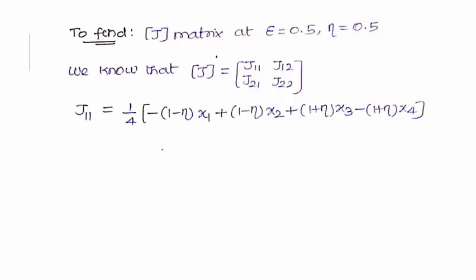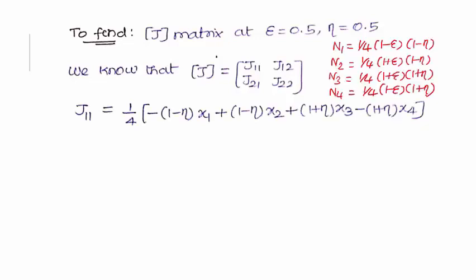The formula for J11: to make the formula easier to read, we can follow it like this. These are the shape functions of an isoparametric element. J11 formula is 1/4 into, take the sign of epsilon in each shape function as it is, along with the eta terms. For the first term the sign of epsilon in N1 is minus, the eta term is 1 minus eta, x1.